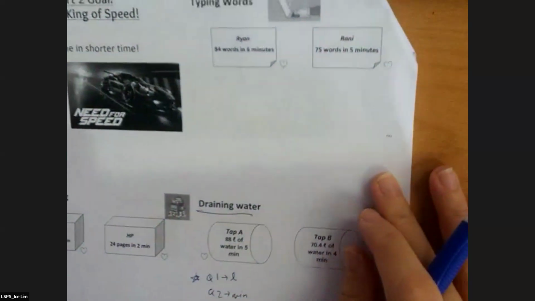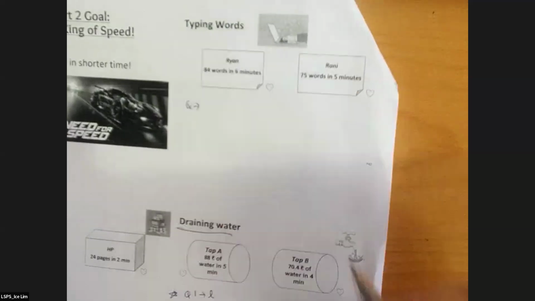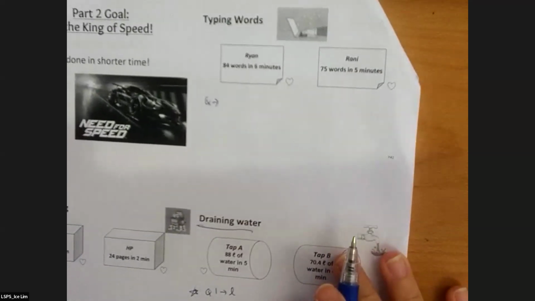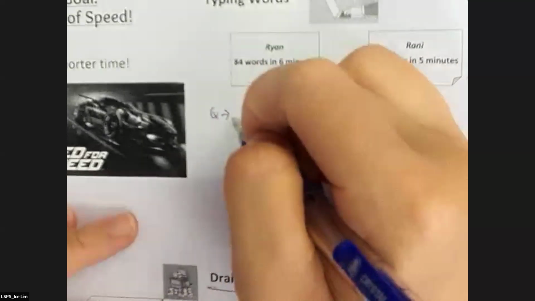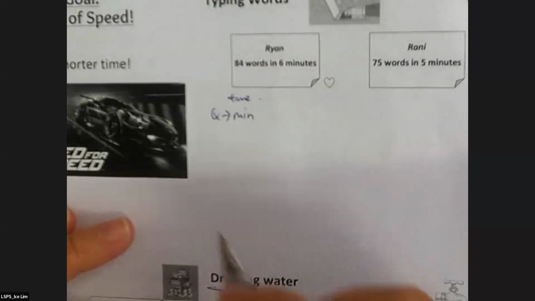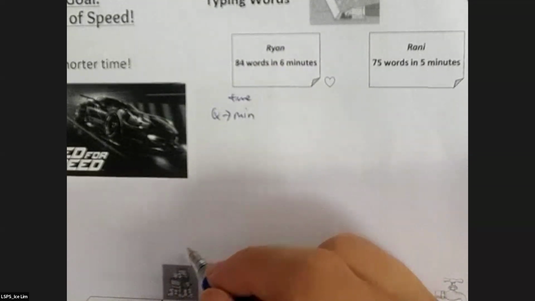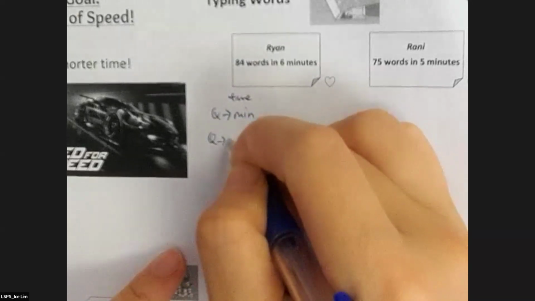Turn it around, we look at the need for speed. The typing words, first quantity is time in minutes. The second quantity is number of words.